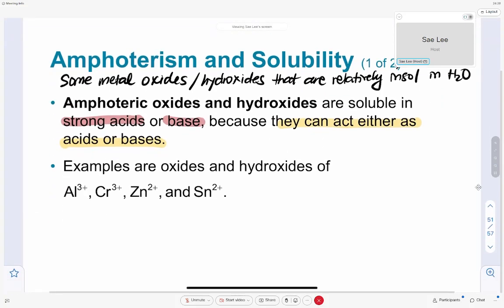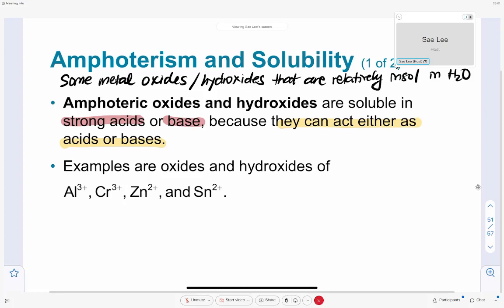So oxides and hydroxides of aluminum, chromium, zinc, and tin are relatively insoluble in water, but they will be soluble in strong acids and strong bases. Why? Because they can act as both acids and bases. You do not have to memorize anything from this amphoterism slide. I'm just briefly introducing to you that there's such a thing.